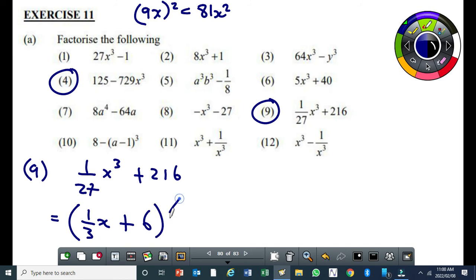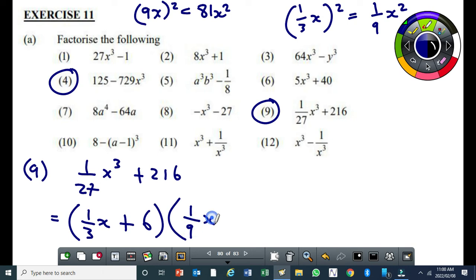Then your trinomial, the first term of the binomial squared. So it will be 1 over 3x squared, which is 1 over 9x squared. There is a plus here, so we'll put a minus. Take note of that. I'm going to highlight it because it's very important for you to be aware.